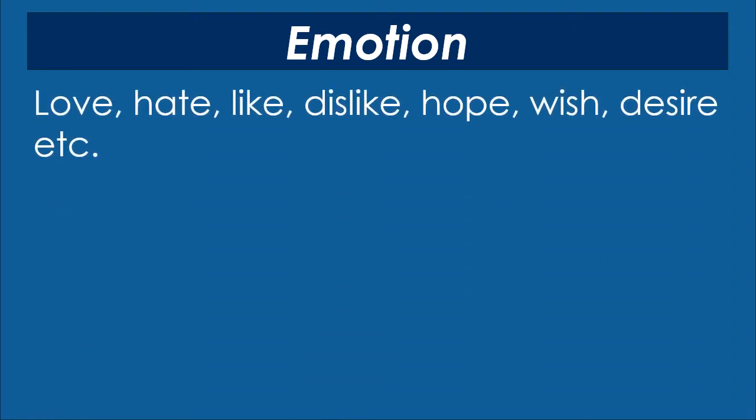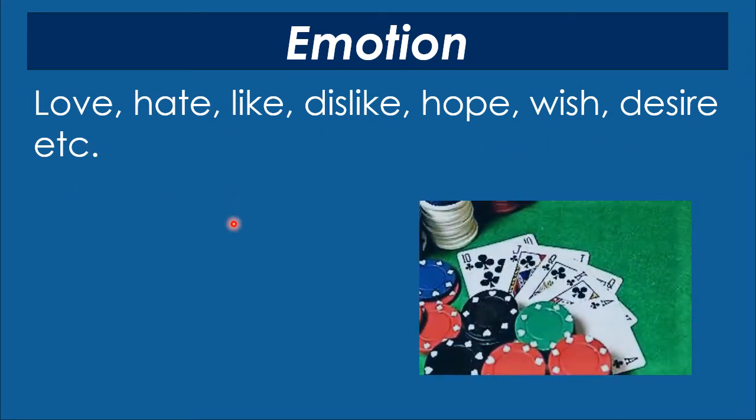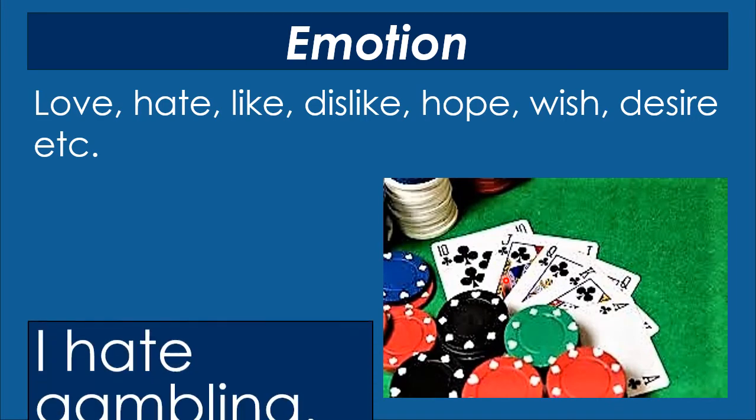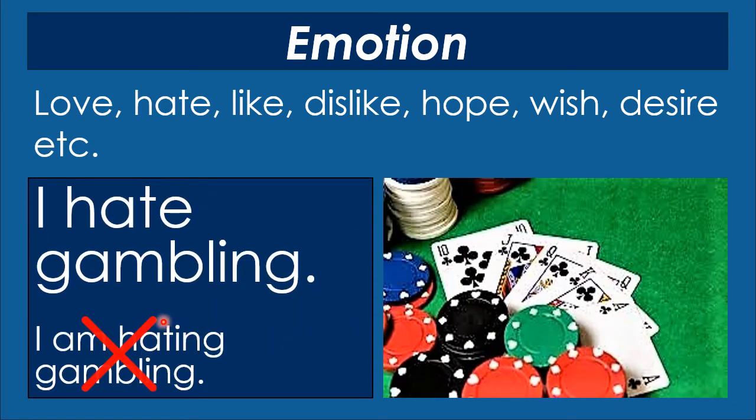Okay, now we'll talk about the emotion verbs: love, hate, like, dislike, hope, wish, desire, etc. They are related to our emotion. Look at the picture and look at the example. I hate gambling.